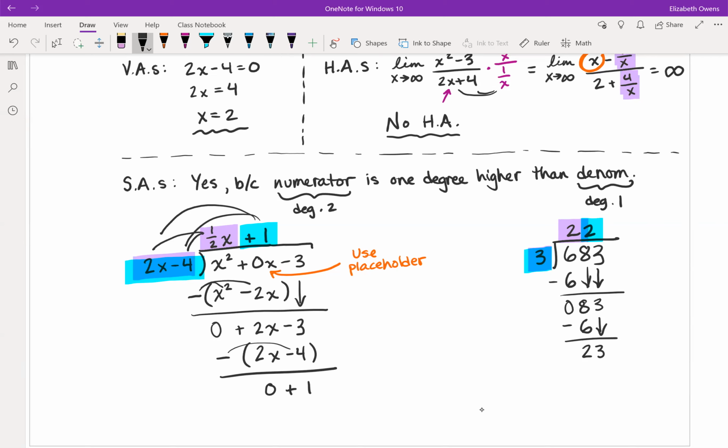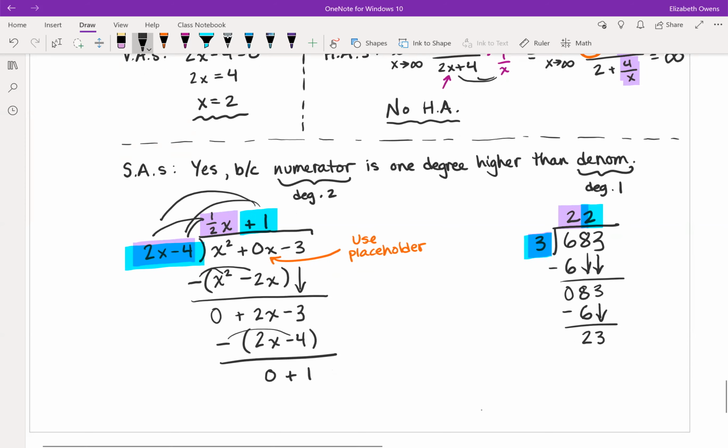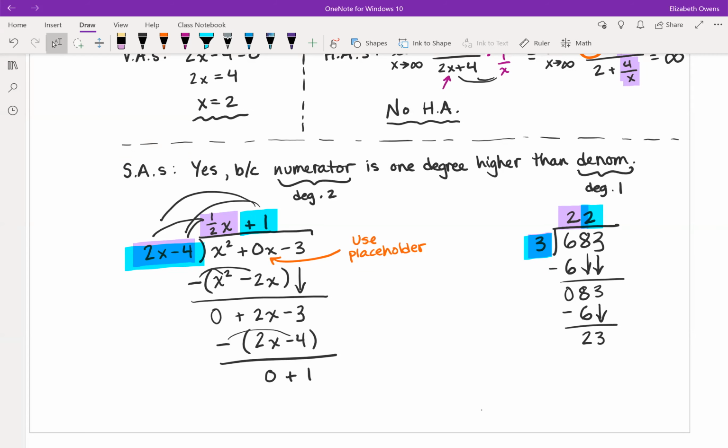Now in our long division with the numbers, we would have to keep going here. How many times does 3 go into 2? None. How many times does 3 go into 23? That would be 7 times. And then you would multiply down. 7 times 3 is 21. And then you'd subtract.